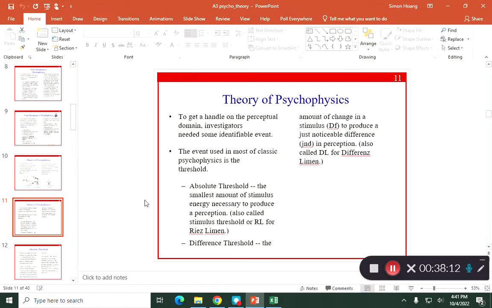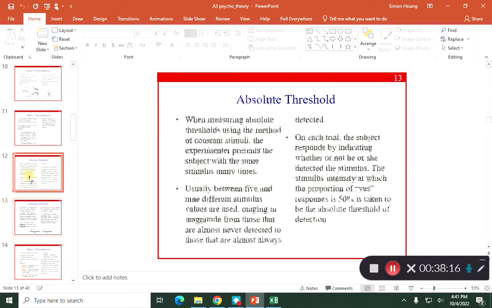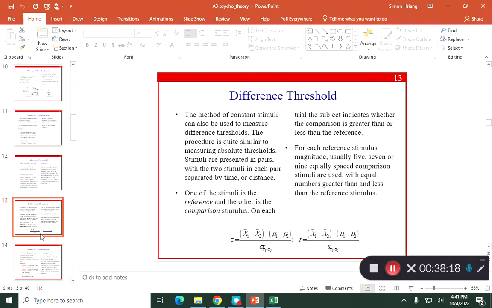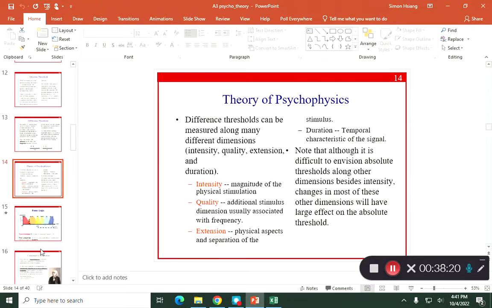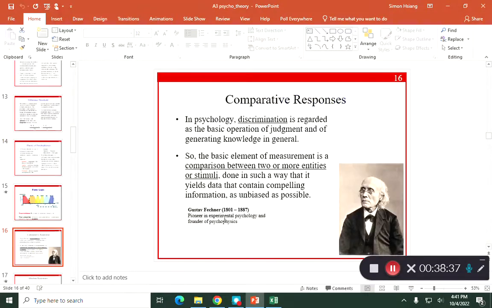And when he tried to do this, he compared that with statistics. Usually the things we get involved with are intensity, quality, extension, and the last one is duration. How long, how intense, those terms.